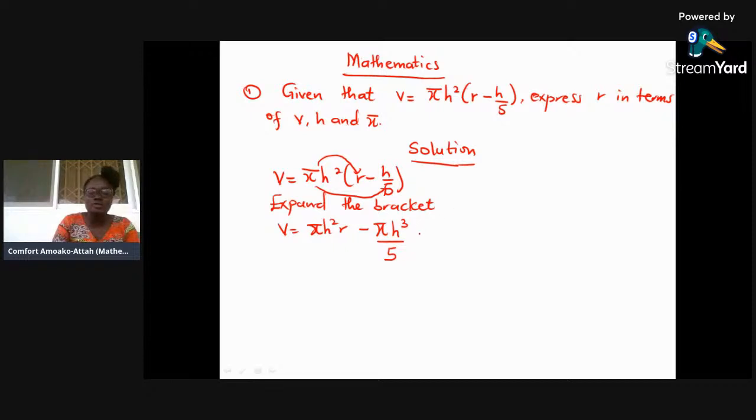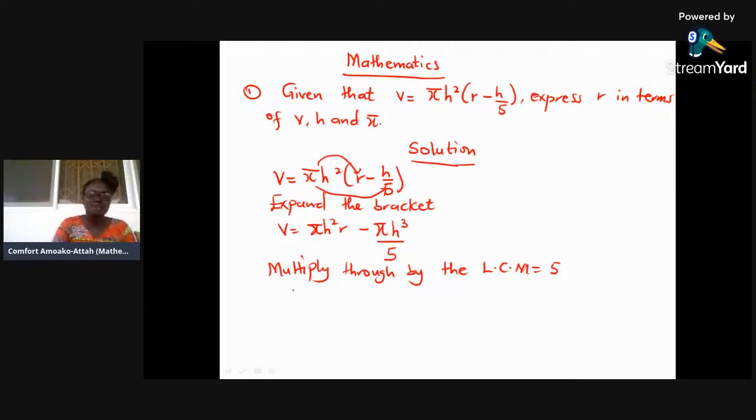Let's multiply each term by the LCM, which is our 5.